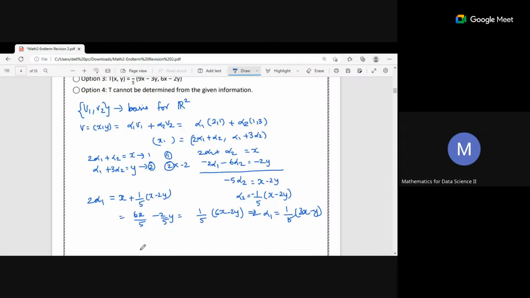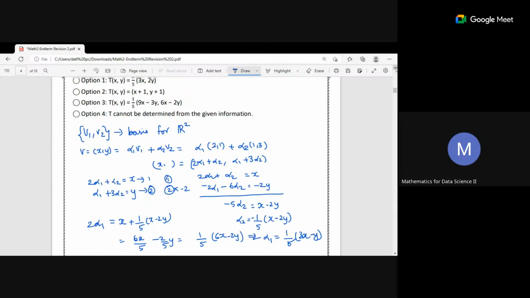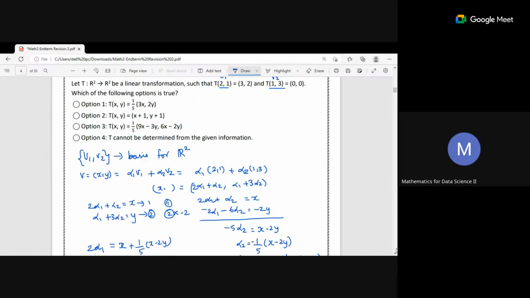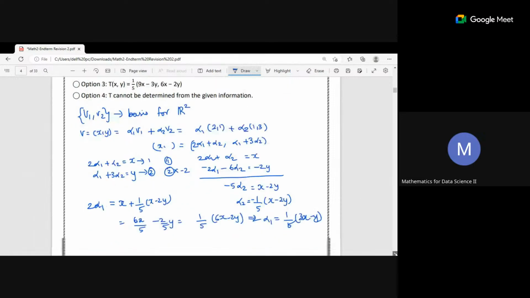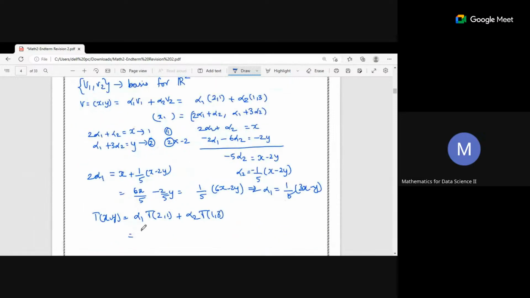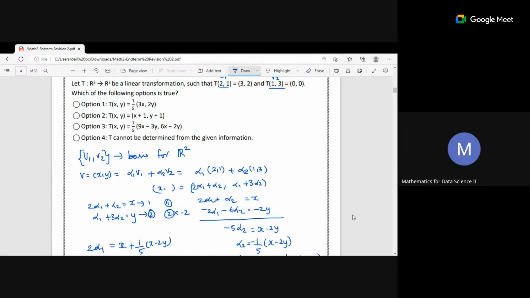So what is your T of x comma y now? T of x comma y is alpha 1 times of T of 2 comma 1 plus alpha 2 times of T of 1 comma 3. And what is T of 1 comma 3? It is a 0 vector and T of 2 comma 1 is 3 comma 2. So you have 1 by 5 times 3x minus y into 3 comma 2, right?